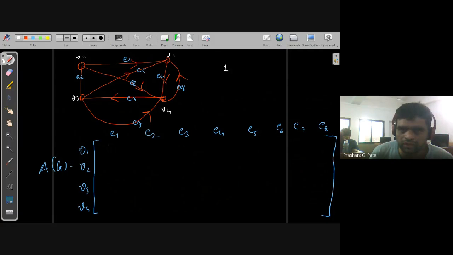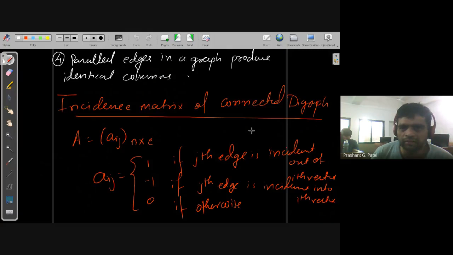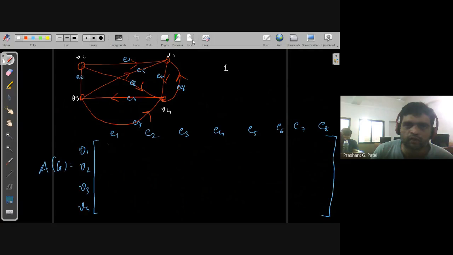The first edge is going into V1 and outward from V2. So for the vertex it goes into, it is -1, and for the outward vertex, it is 1.